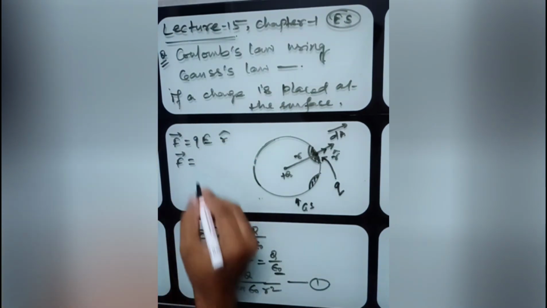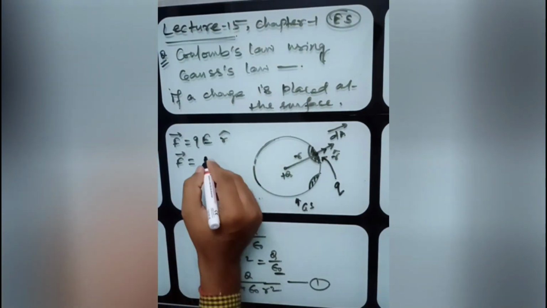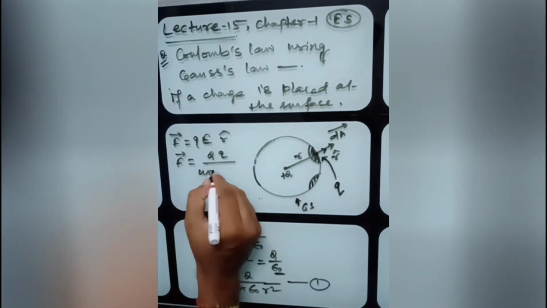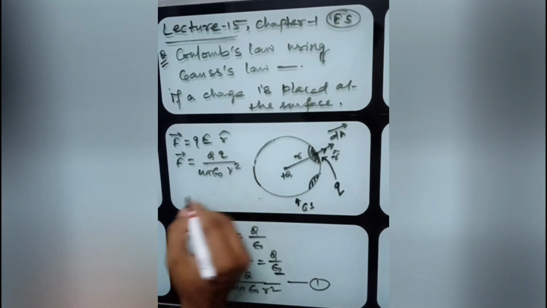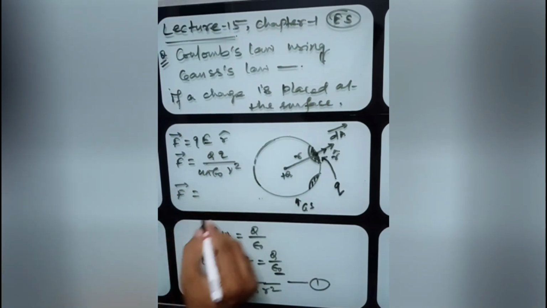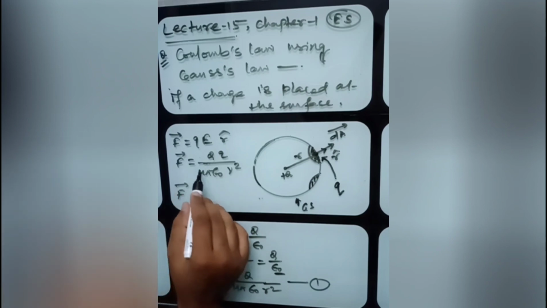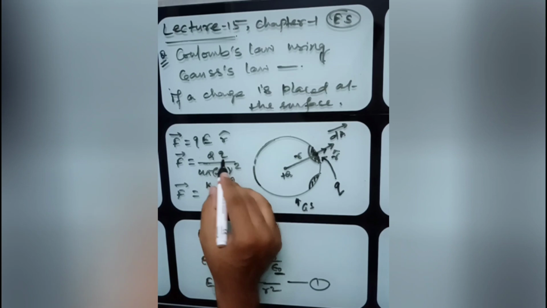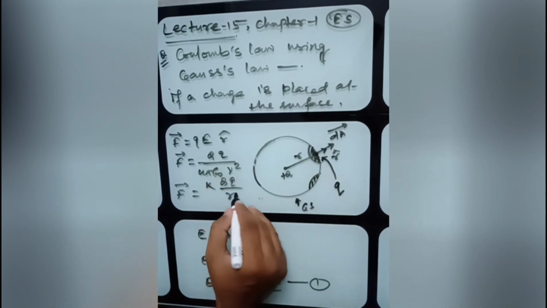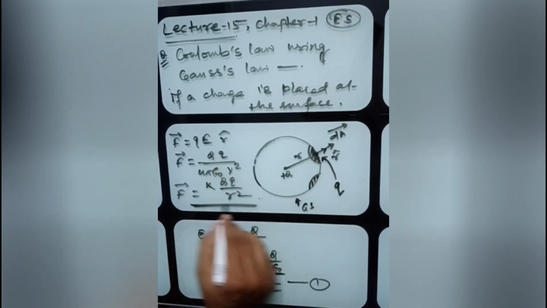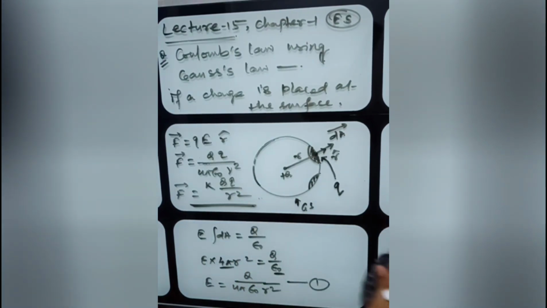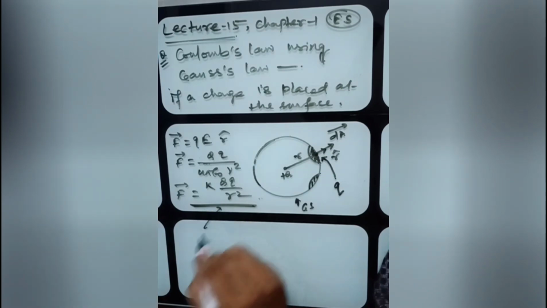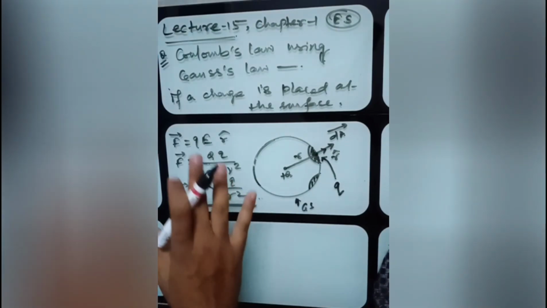So q times E, we can write q times q by 4 pi epsilon naught r square, and this can also be written, with 1 by 4 pi epsilon naught as k, as k q1 q2 divided by r square, where q1 is q and q2 is another q. So this is Coulomb's law. We have proved Coulomb's law here using Gauss law.